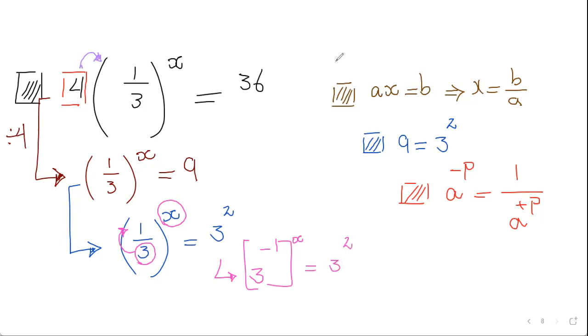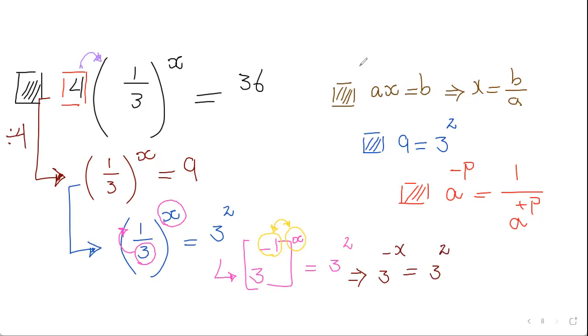Now, look at this. I have one exponent here, one exponent there. They just crash into each other and get multiplied. Then we get 3 to the power -x equals 3 to the power 2.